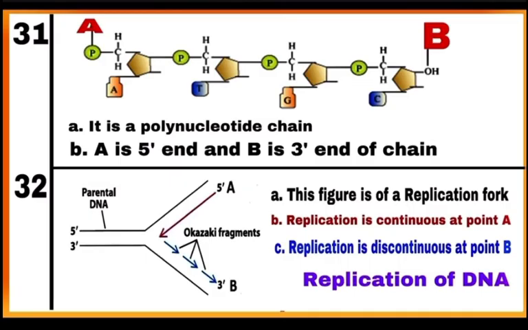Replication of DNA is continuous at point A, where the polarity of the template strand is 3' to 5', and it is discontinuous in the form of Okazaki fragments at point B, where the polarity of the strand is 5' to 3' end.